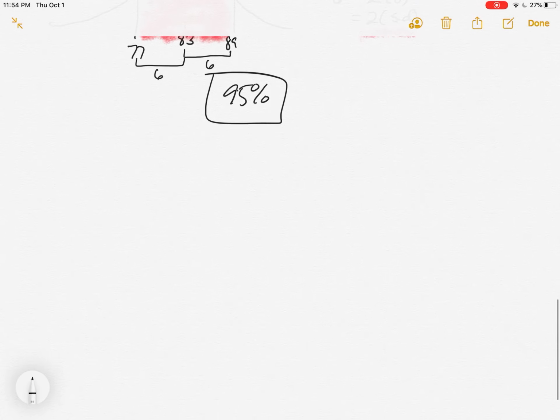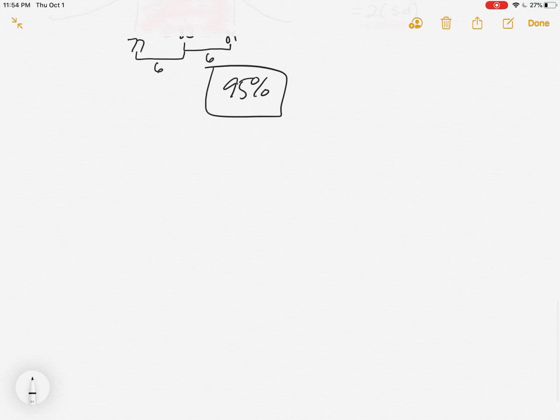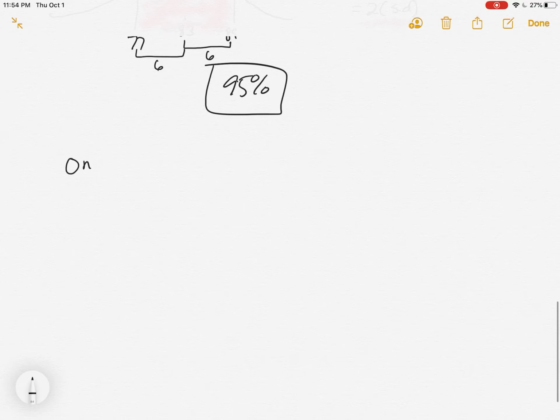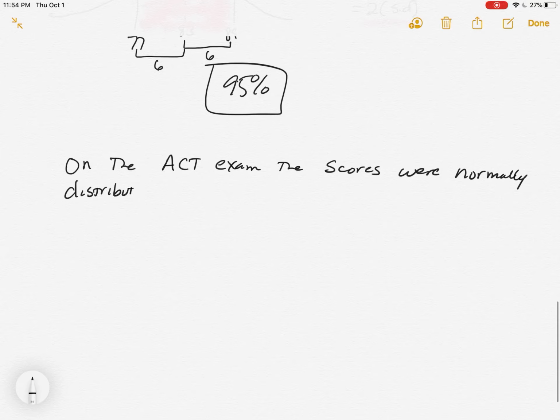They might also ask a question like this. On the ACT exam, the scores were normally distributed with a mean of 25 and a standard deviation of 3.